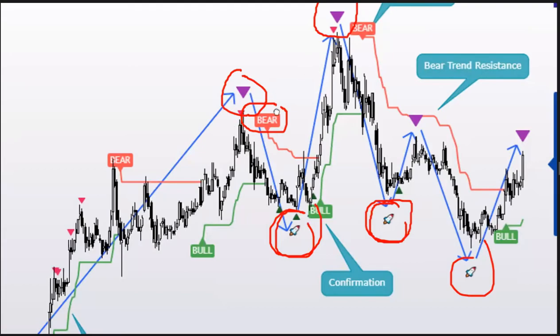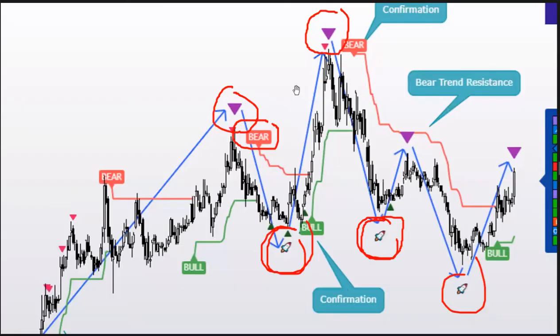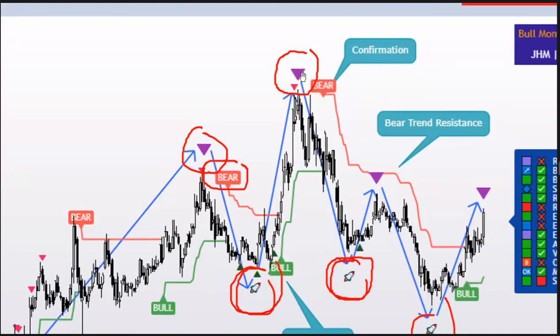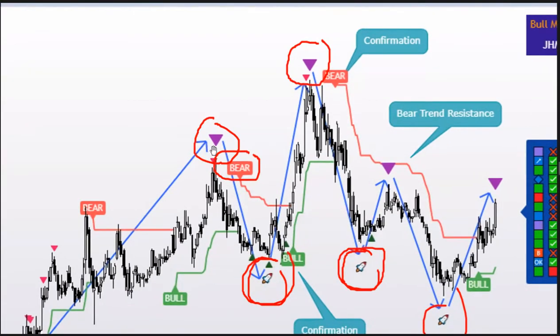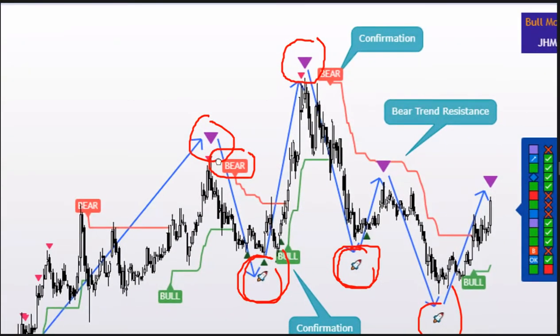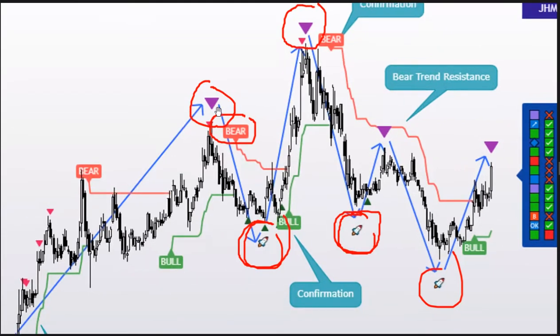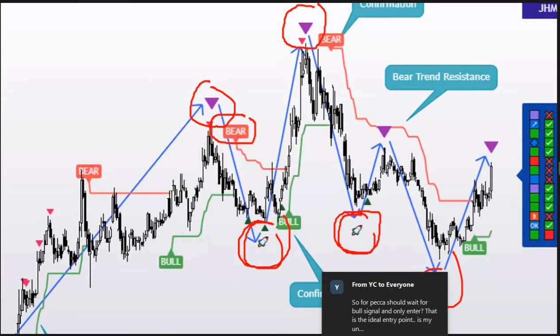This small little red thing also confirms. This one plus this one plus this one, so there are already three signals here to confirm this area is a resistance, a top resistance. Once the price reaches the top resistance, it can no longer move up. It will sure drop.